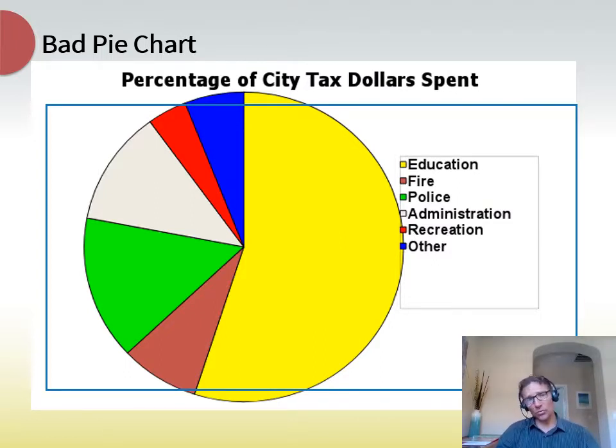We should have a source, and you can see how the red is smaller than the blue, and it should go biggest to smallest, and the kind of pinkish color is smaller than the green that follows it. So they're supposed to go biggest to smallest. So we don't have percentages. It's kind of busy with a lot of different colors, and the legend is crowding the pie chart itself.